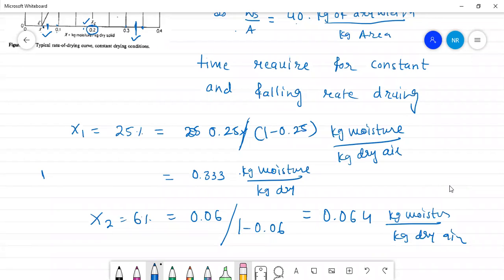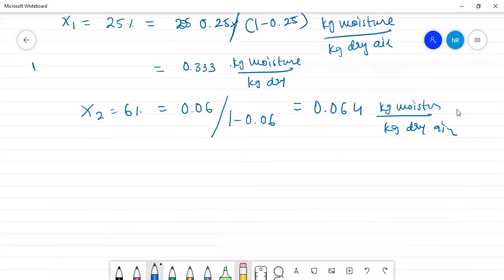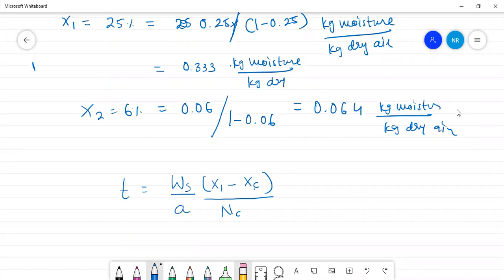Now for the constant rate period, we start from 0.33 and the moisture content is equal to 0.2. If I take the constant rate period, then T is equal to Ws divided by A, times x1 minus xc, where xc means up to the constant rate period, divided by Nc.